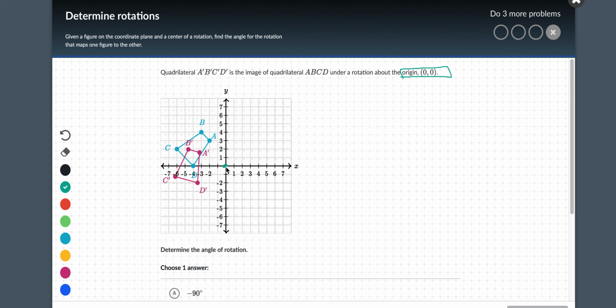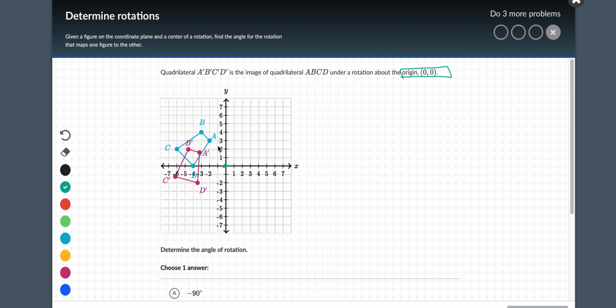So I'm gonna do the rotation it takes to get from A to A prime, because rotations are one of the transformations, along with translations, dilations, and reflections.